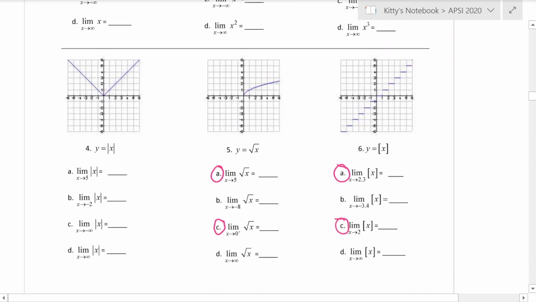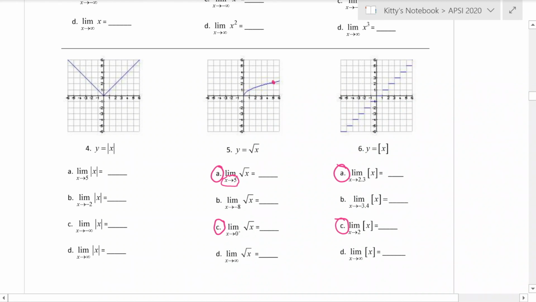So we're going to do 5a and c and 6a and c. Number 5 is a little different because it's a square root, and it has domain issues, but it's continuous for what it has, x greater than or equal to 0. So what happens if we go to 5? The limit as x approaches 5 of the square root of x. Well, I'm going to make a little mark.